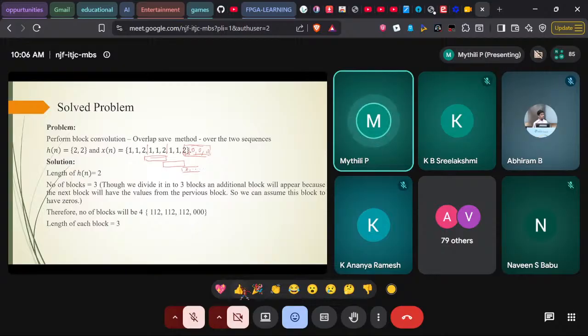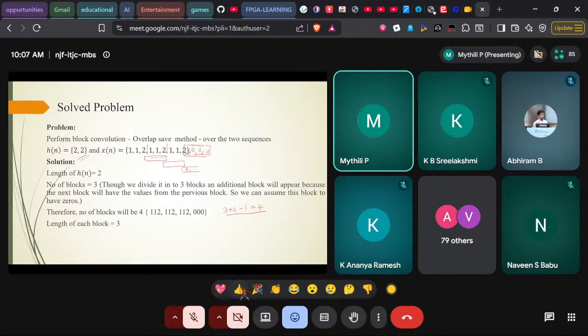The length of each block is going to be 3. So how many zeros we need to pad? 3 plus 2 minus 1 is equal to 4, the length should be 4. So for all of these, you will pad 1 zero. With these blocks, you will pad 1 zero.